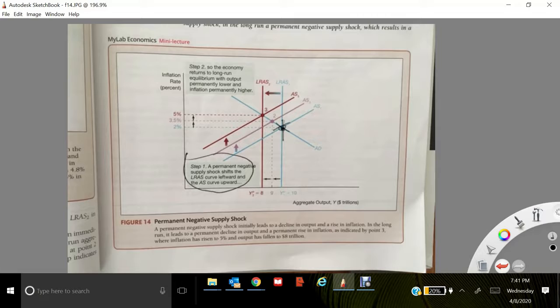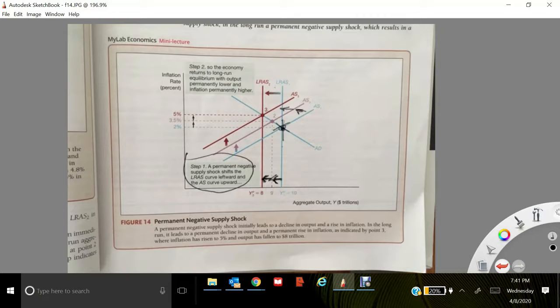We have a supply shock, so negative, so the supply curve shifts to the left. And if, for example, regulations were increased and they were not lifted, then you could imagine a scenario where potential output, not current output, but actual potential output of the economy could fall.